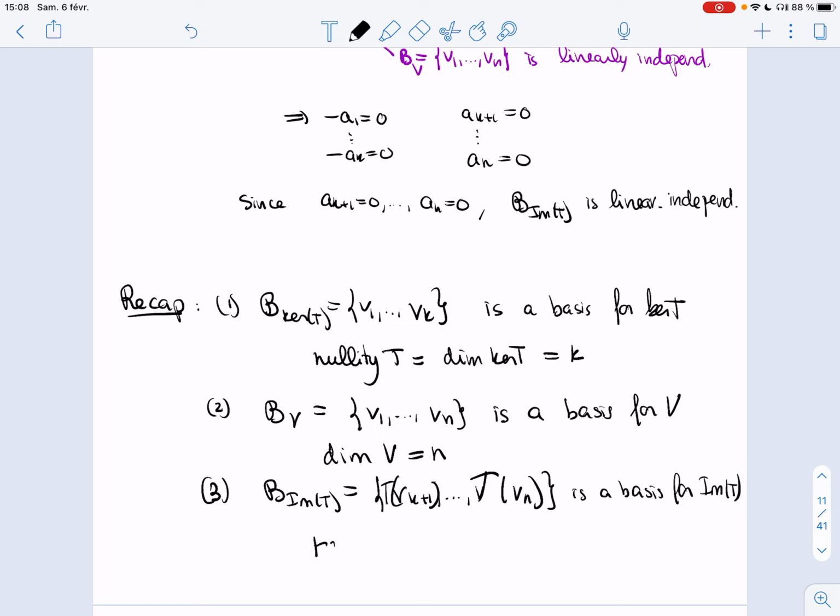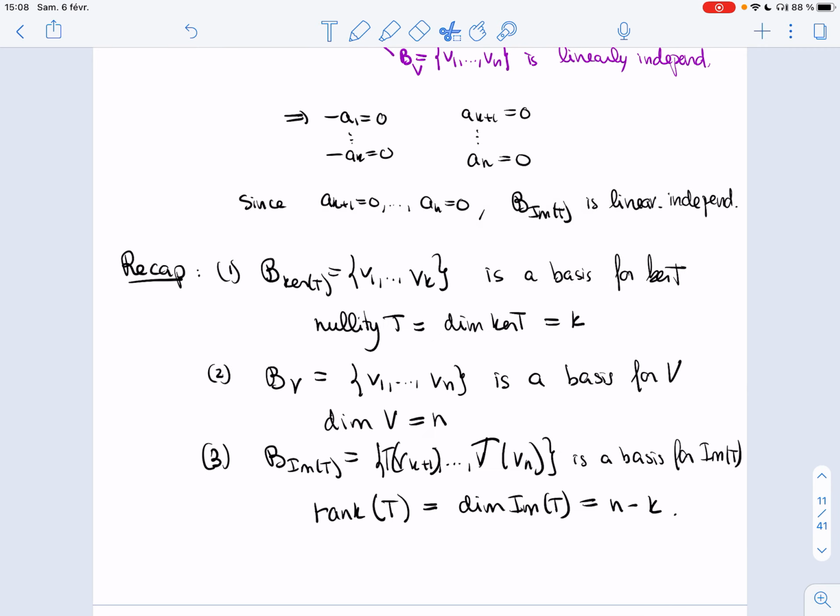And so the rank of T is equal to the dimension of the image. That's n minus k. All right, so that's what we have.